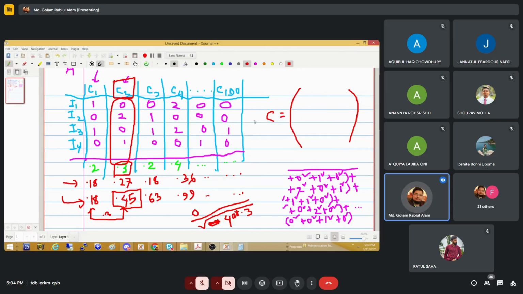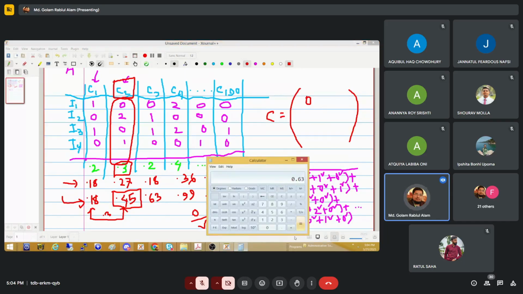So in this case, the first value will be 0, and the next one is 2 divided by the square root of 40 times 0.3. 40 times 0.3 equals 12, and then the square root of that.